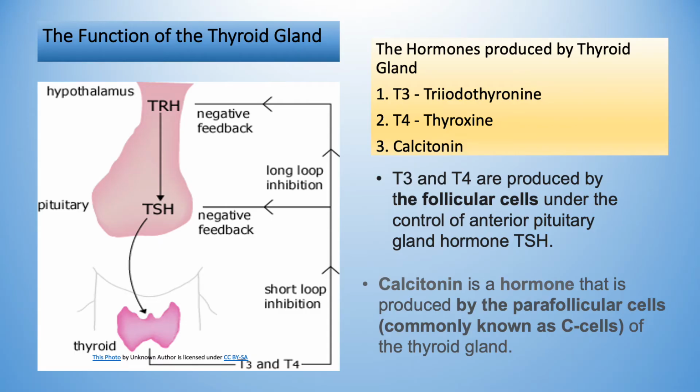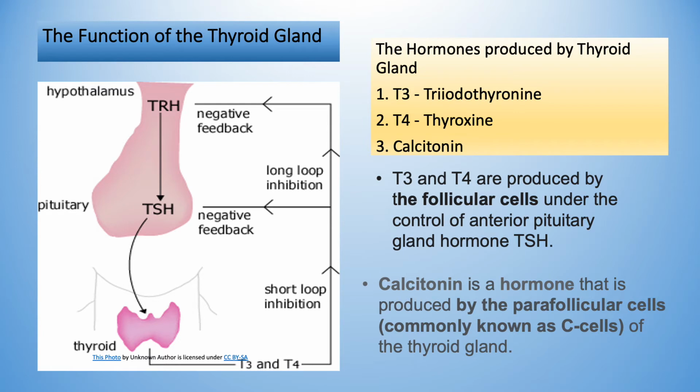Function of the thyroid gland. The thyroid gland produces three hormones: T3, triiodothyronine, T4, thyroxine, and calcitonin. Notice T3 and T4 are produced from the follicular cells of the thyroid gland under the effect of an anterior pituitary hormone called thyroid stimulating hormone, or TSH.